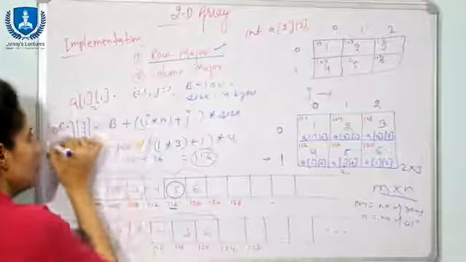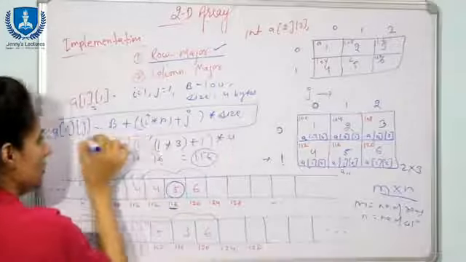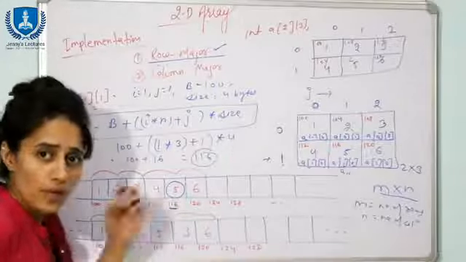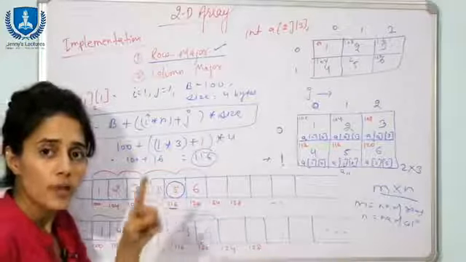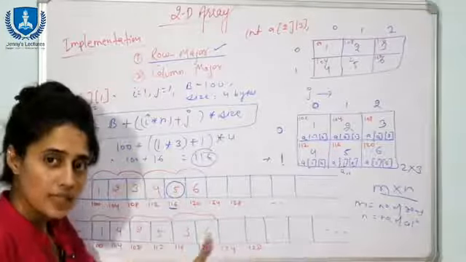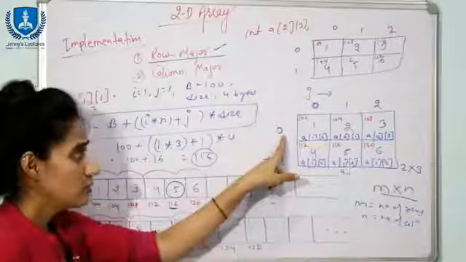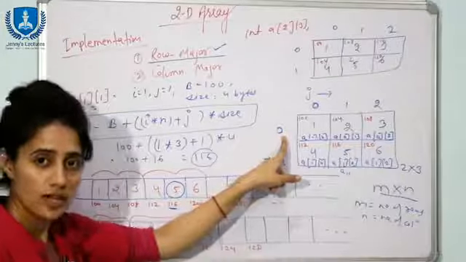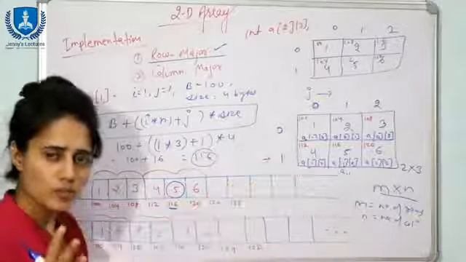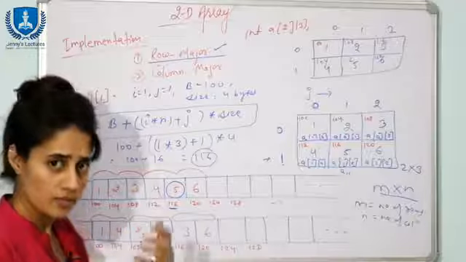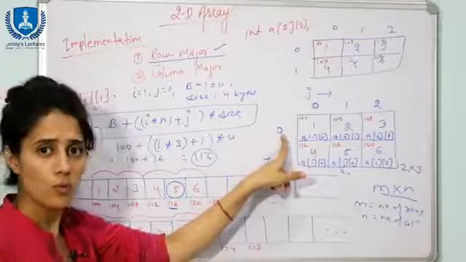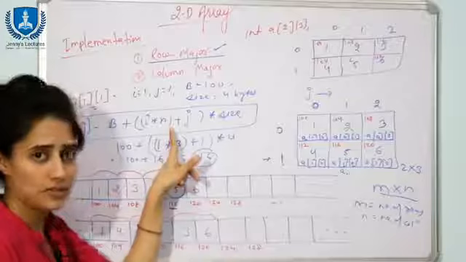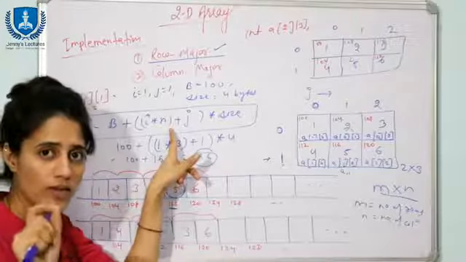This is the general formula to calculate the address of any element in row major implementation. The second condition is that the array index starts from 0. Sometimes the index is taken as starting from 1. In that case, how do you calculate this? You have to modify this formula a little bit.